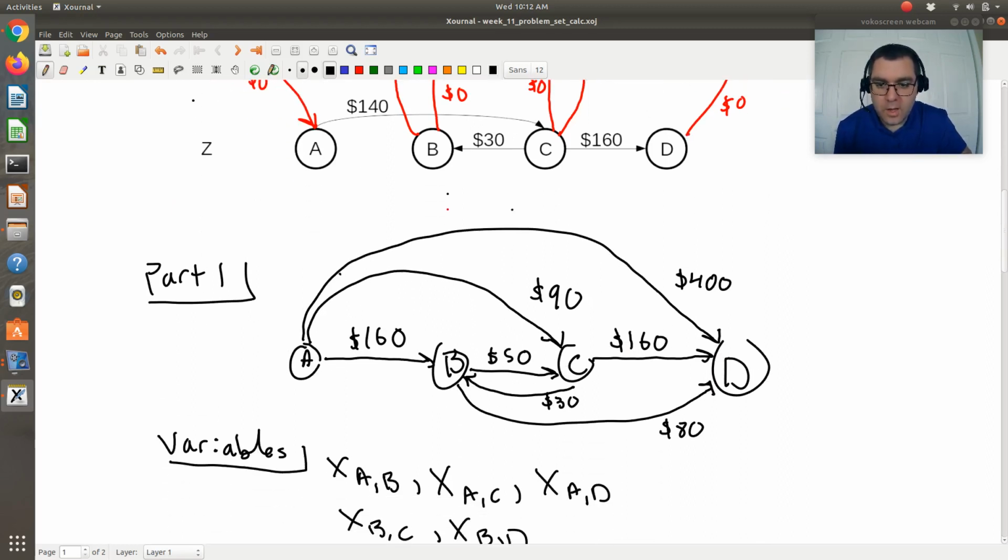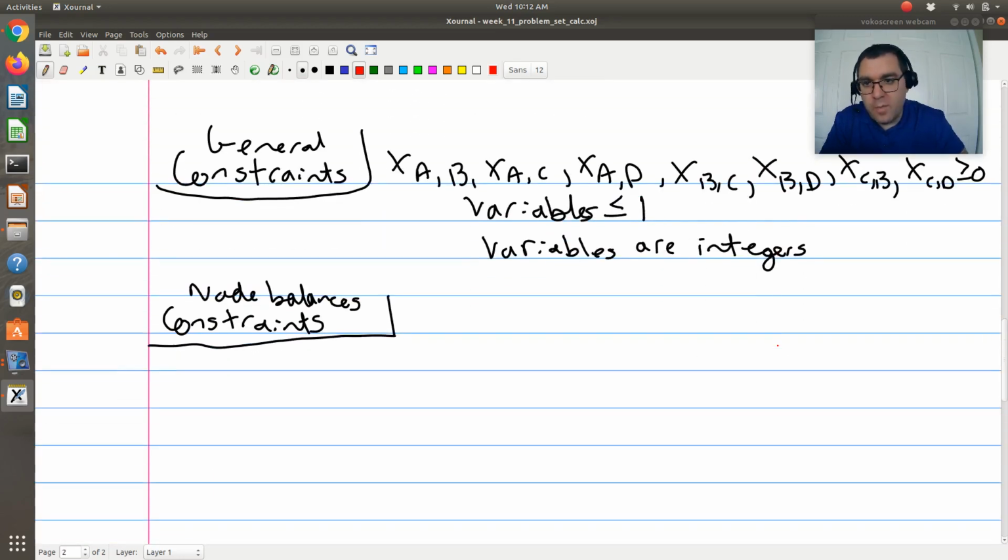We're going to start with some fictitious unit, I'd call it a passenger, at A. So I'm going to add some input to my system at A, 1, and then my passenger is going to leave at D. I'll write my node balances, and after that we'll write our objective function, which is going to be to minimize our cost. I'm going to have a node balance for node A, B, C, and then D. We'll write them all out, and our node balances will take the form of in equals out.